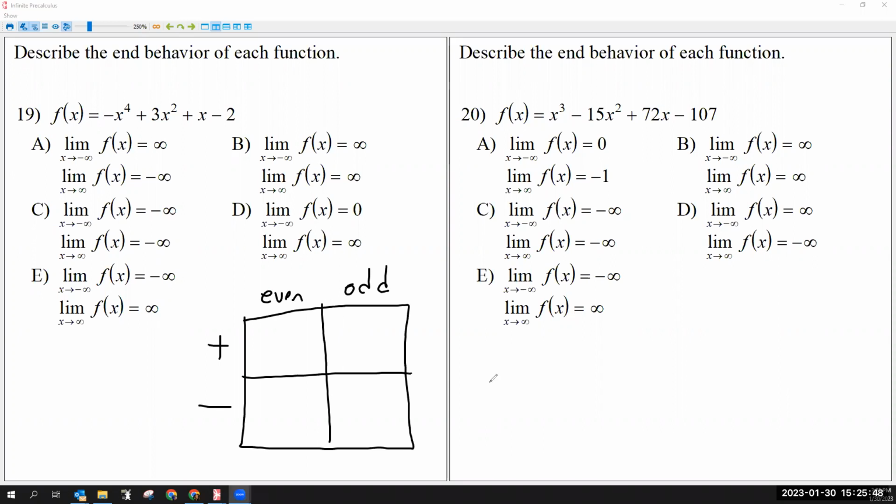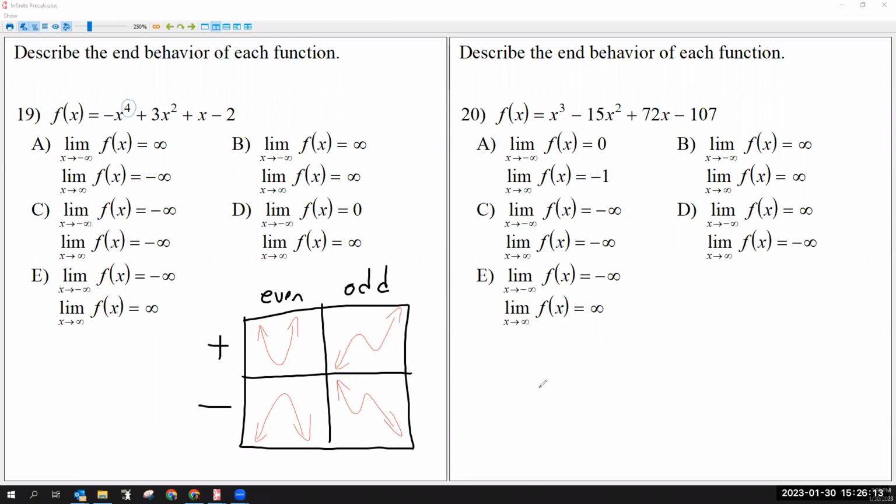If it's even, they both go the same direction. Even positive both up, even negative both down. Whereas odd, they're going to be like this. Or you can just graph. That works too.